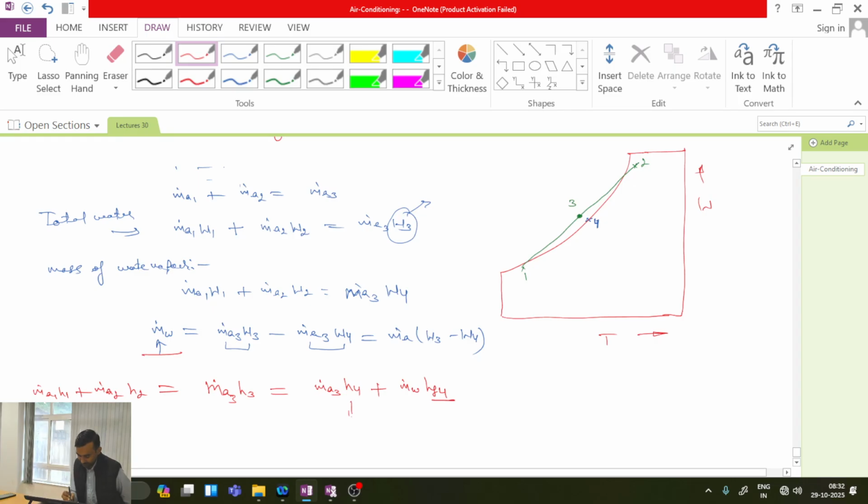H4 will basically be 1.005 T4 plus W4 into (2500 plus 1.88 T4). Okay, so that is H4, but HF4 is also there. What is HF4? HF4 is the enthalpy of water in liquid state.